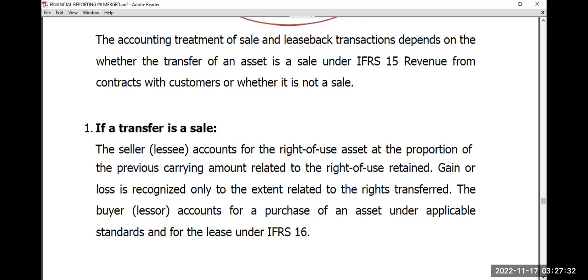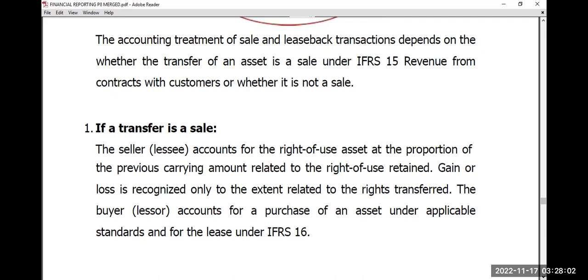Then this acquisition of this asset is going to be accounted for under different standards. Maybe if the asset was falling under PPE, that is IAS 16. If the asset was falling under IAS 40, investment property, and all that.